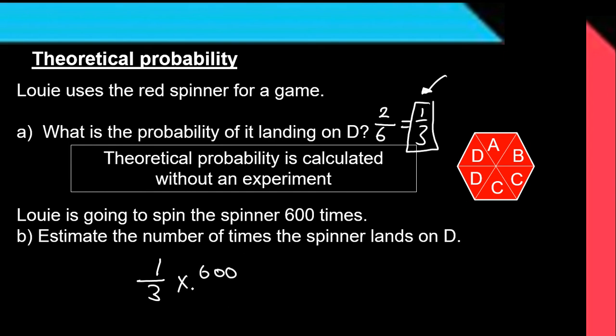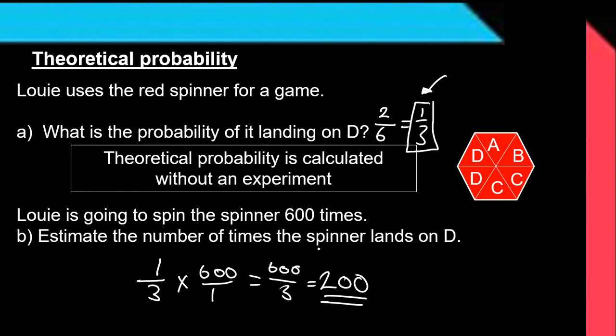When you multiply something by a third, you can just divide it by 3, but if you want to actually do it correctly, 600 becomes 600 over 1. So that becomes 1 times 600, 3 times 1, and your answer is 200. So we would expect the spinner to land on D 200 times out of the 600, theoretically. Without an experiment, theoretically, okay?